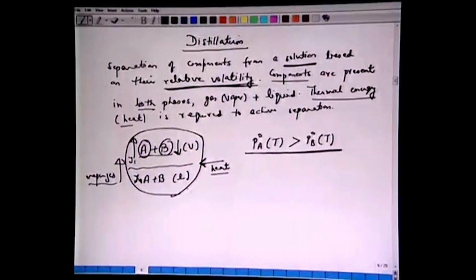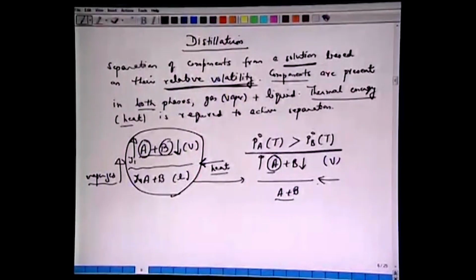Take this second product, go to the next stage, there again you have A plus B. Now starting with different mole fractions here, again give this heat here, again it causes the separations of A plus B. A is again richer in this component, vapor phase is now richer in A and leaner in B. So this is a stage wise process here.